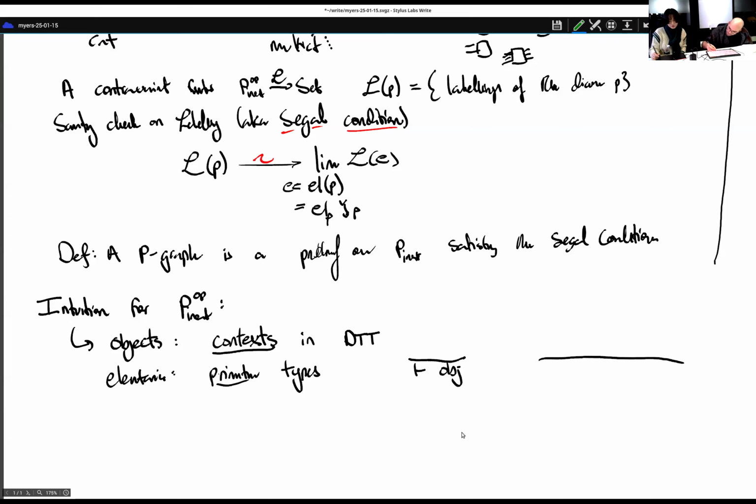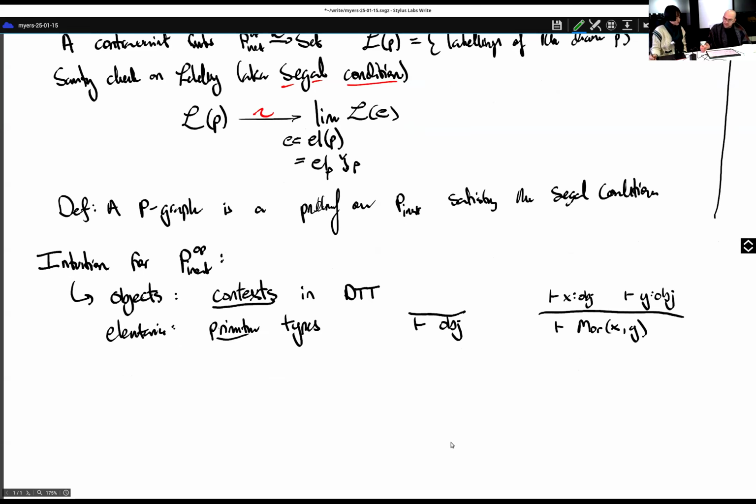Object, and then we have these two rules, and we see these rules as giving us the elementaries, where the structure of the rules themselves also tells us about the inerts.